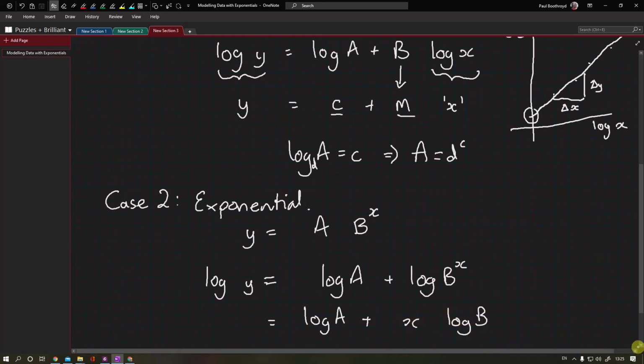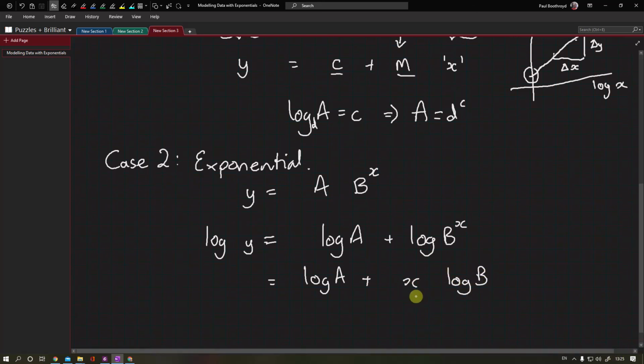This time my gradient is the b part, my intercept is still the log of a, and the x comes straight down from above.